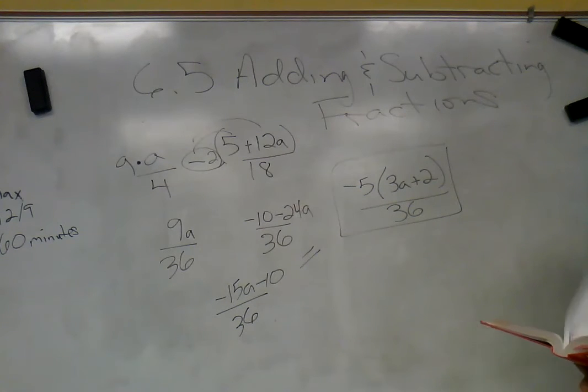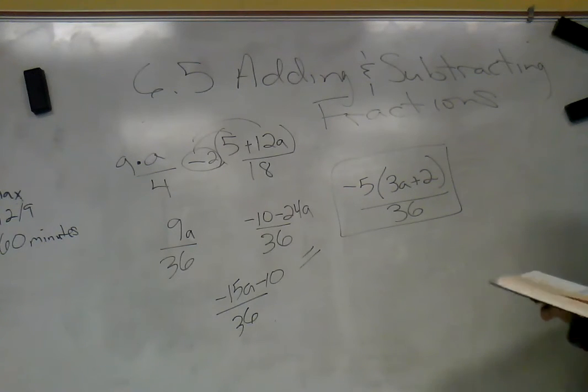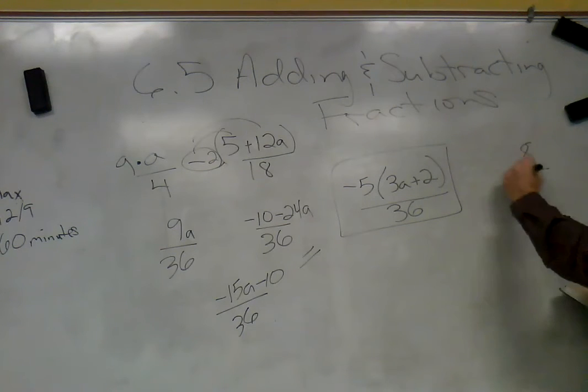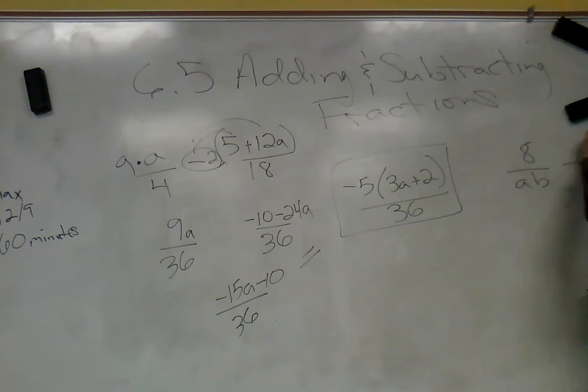We can see if there's one last one I want to try. Let's do one more. All right, this one, we've got variables in our denominator. These are pretty similar. What is this one missing that this one has? Squared. So what would we need to multiply this by to get squared?